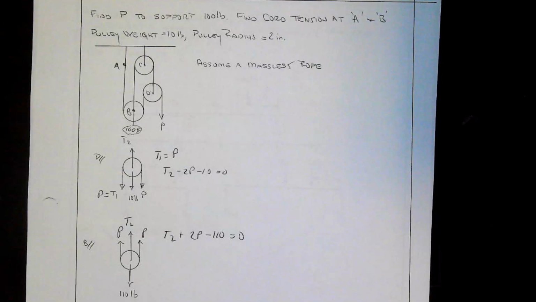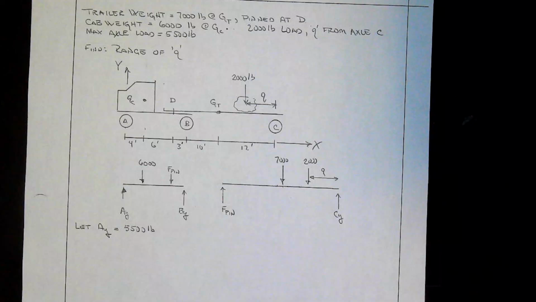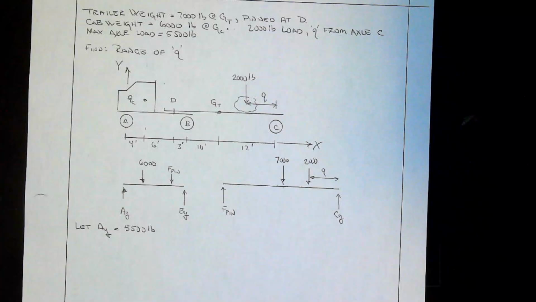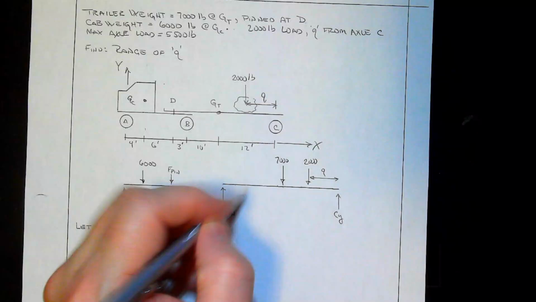The rope is always massless, as it is in this case, but here the various pulleys actually have weight. They're 10 pounds each, and we have their radius here. We're pulling on this, and then we're asked for the tension there. This should be an obvious answer, but we will allow this for this problem.